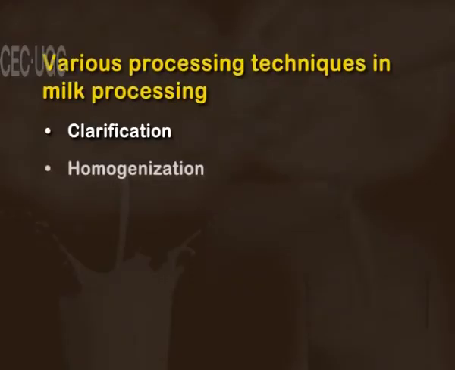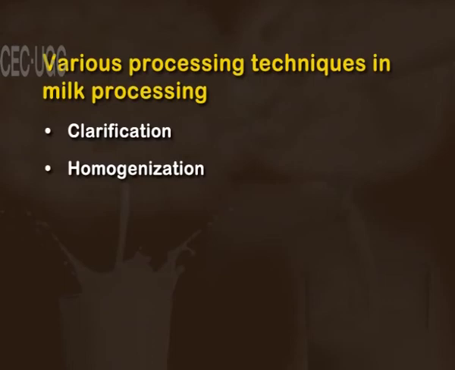The optimal temperature at which the milk is subjected to clarification is between 55 to 60 degrees centigrade. Through the process of microfiltration, the bacterial count of the milk can be reduced to an extent of 99.5% to 99.99%. The second process is homogenization.